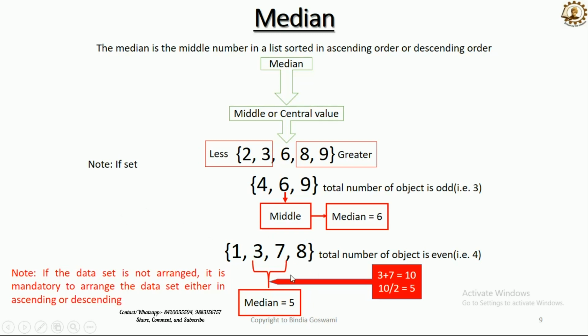Here we get these two numbers in the middle position. So 3 plus 7 divided by 2 is the median. And here there are only 3 numbers, so we can easily say that 6 is the median.